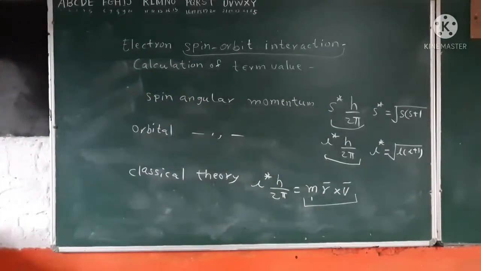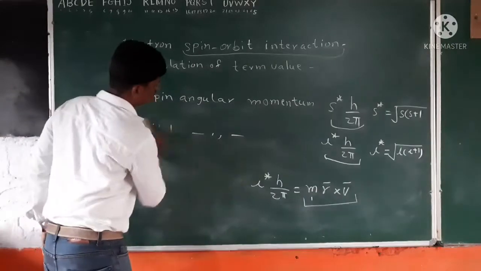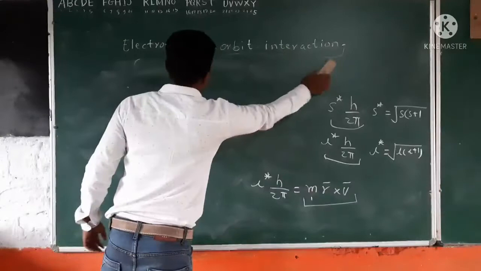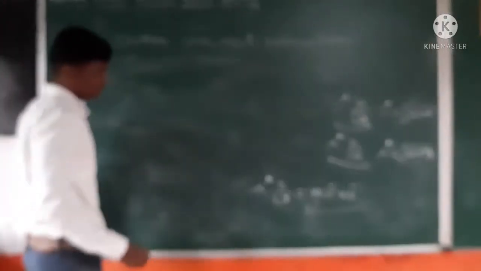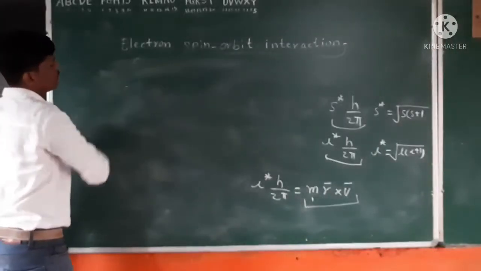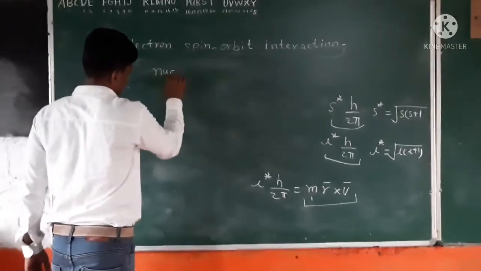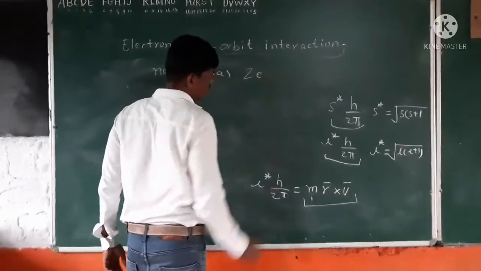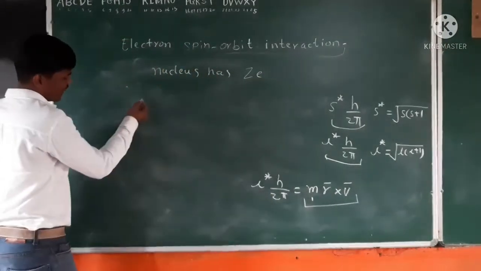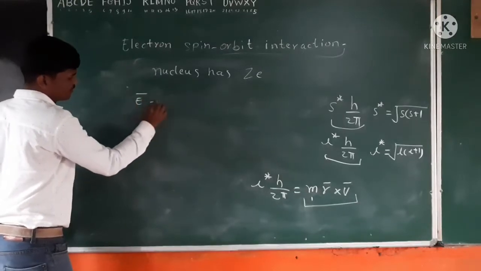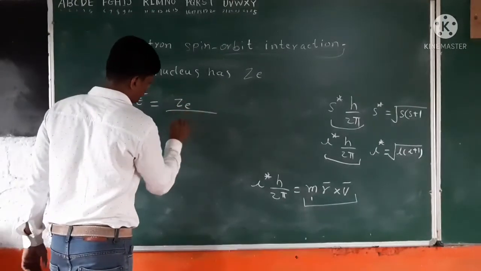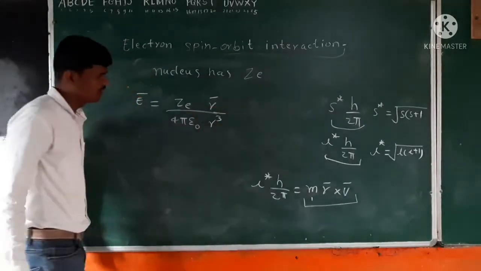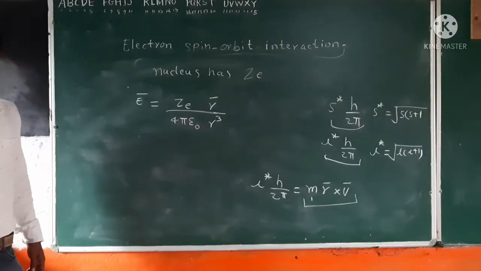Now we know that the nucleus has a charge Ze, so there will be an electric field, which we can write as E bar equals Ze r bar by 4 pi epsilon naught r cube.